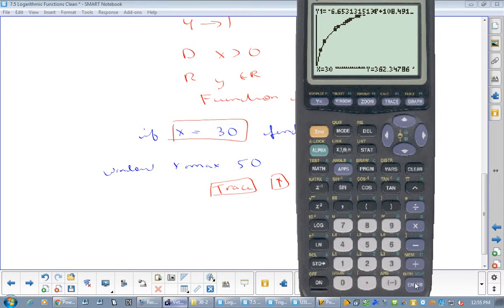So the first thing, hopefully you wrote down that we had to go window, x max is 50 because we do not see that, and since they give us x, we hit trace up, 30, and we get 362.3.